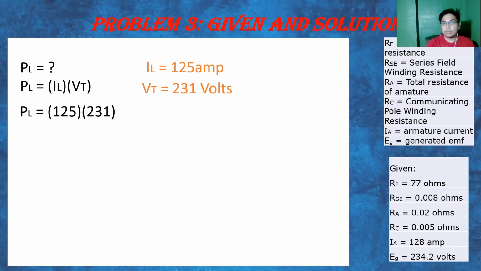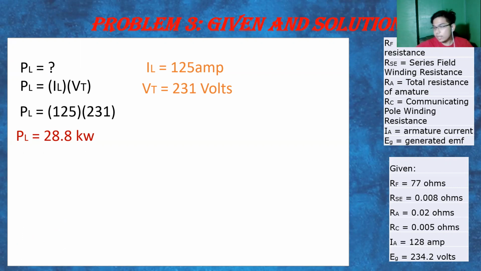So, yun, kompleto na yung kailangan natin para makuha yung power na delivered, which is yung I sub L multiplied by VT, or load current multiplied by terminal voltage: 125 multiplied by 231, makukuha natin is 28.8 kilowatts.